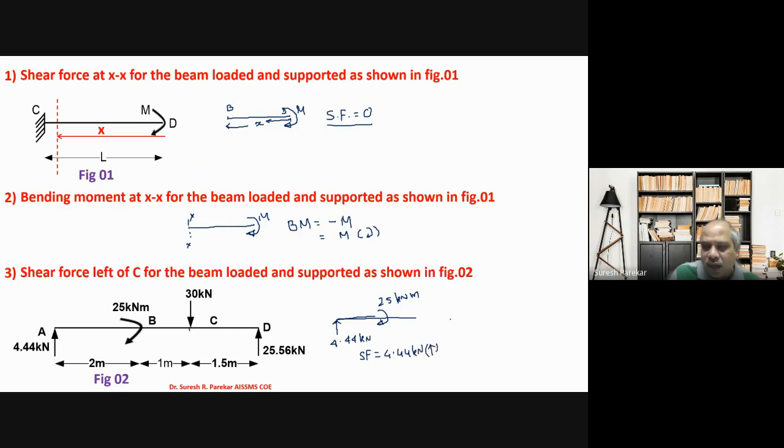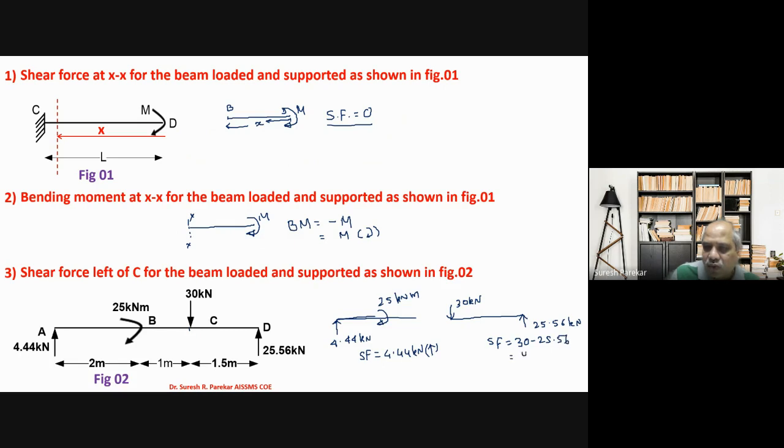And then if we will come from this side, so left of C, we have this will be then 30 kilonewton. And then we have this will be 25.56 kilonewton. And then if we solve this, then we have shear force as downward, plus minus 25.56.